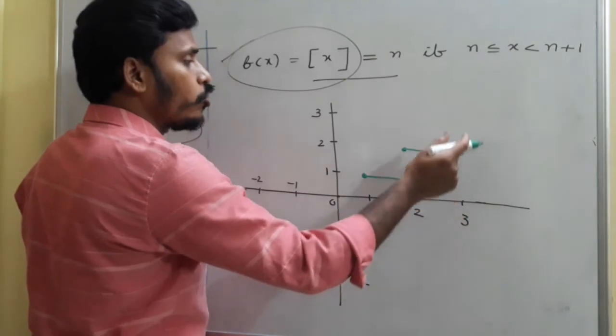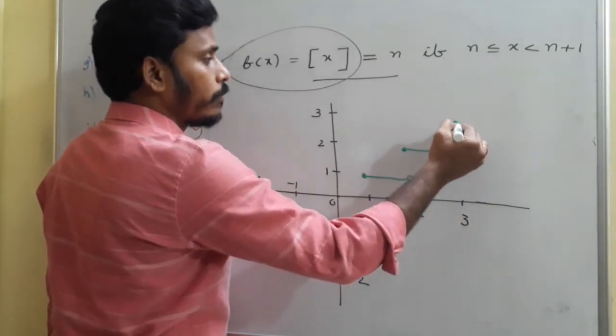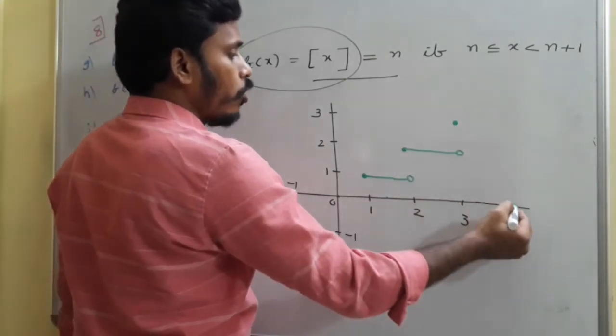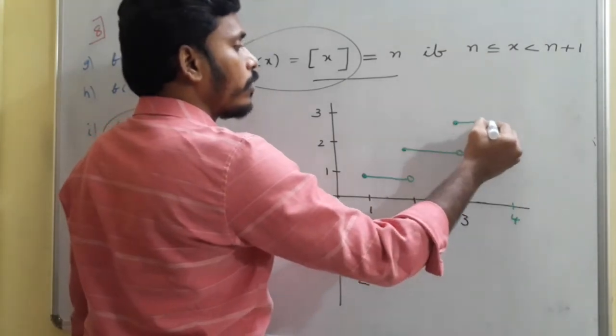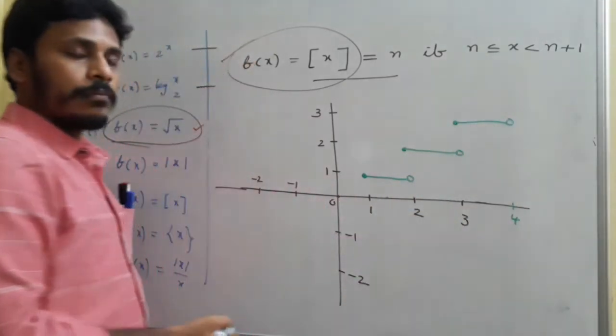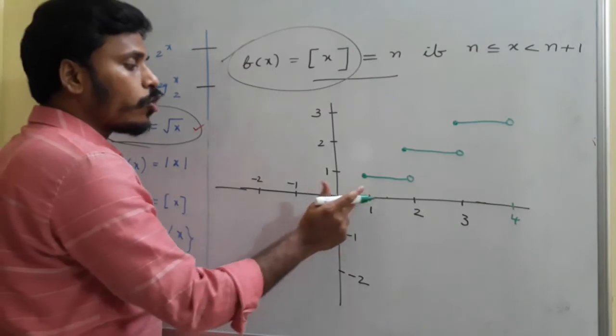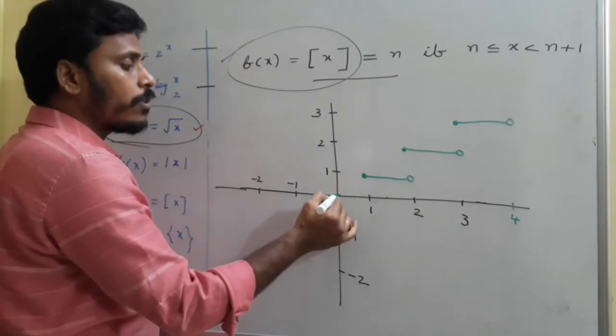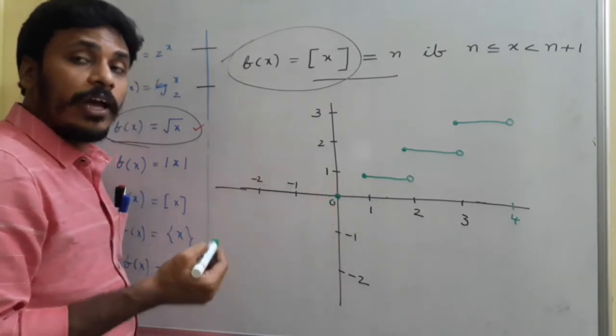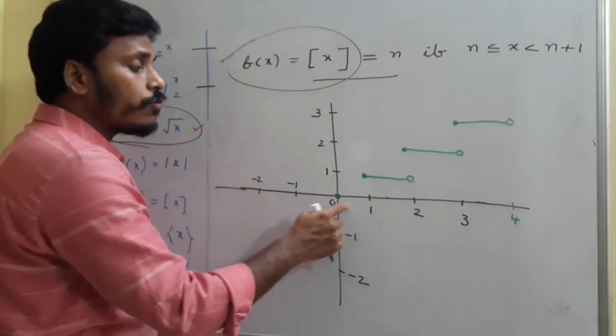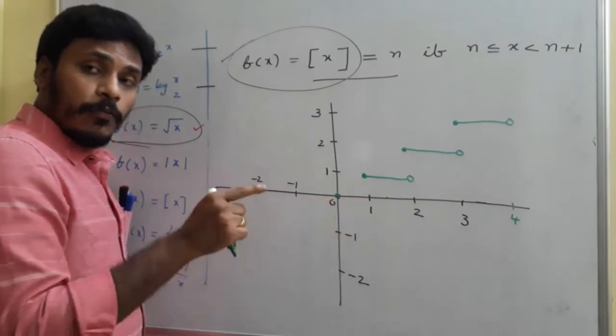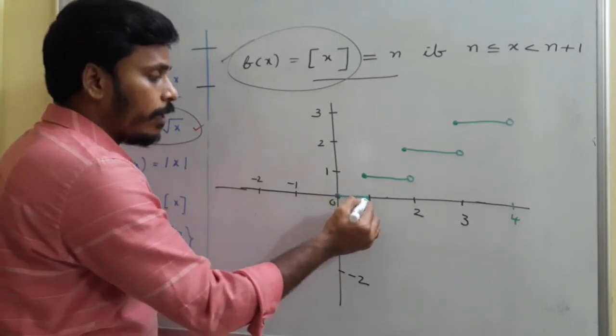At 3, you need to jump to 3. At 3, it is 3. So in between 3 and 4, the graph is at 3. And suppose your x values are in between 0 and 1, see 0.5, the step value is 0 itself. For the numbers which are in between 0 and 1, step value is still 0. So the graph will be like this.